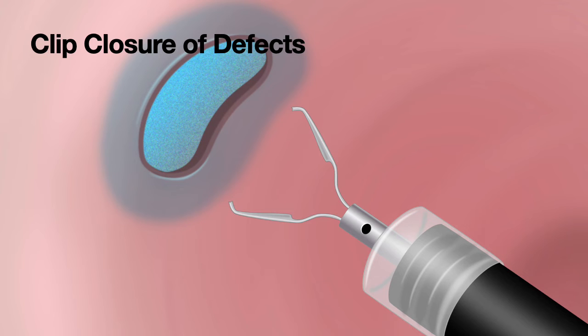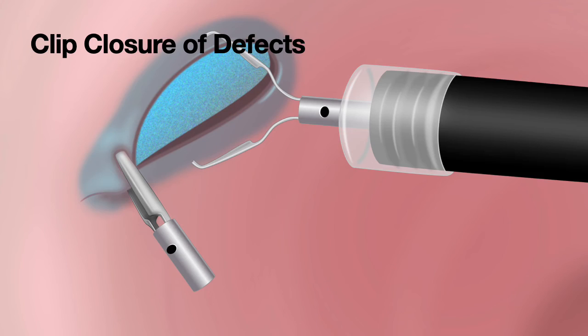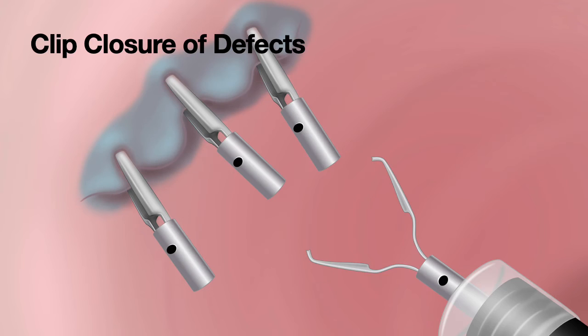Here is a defect. The endoscopist is applying the clip, and you can see these closures are superficial closures. These clips are not going to stay there for long. They will fall off very quickly, and the patient might rebleed or a perforation may reopen.